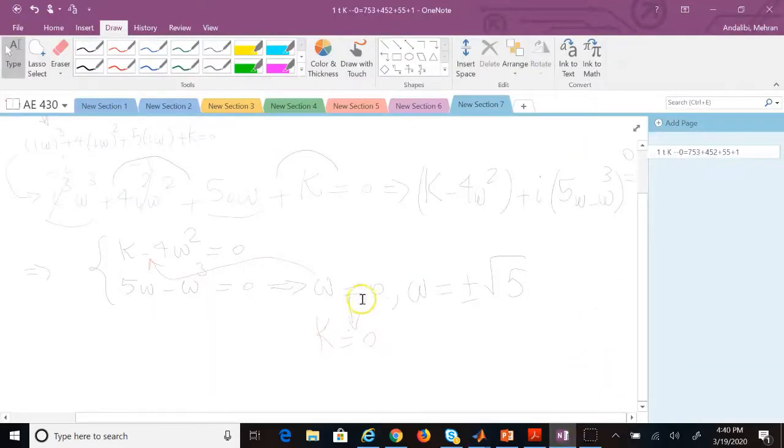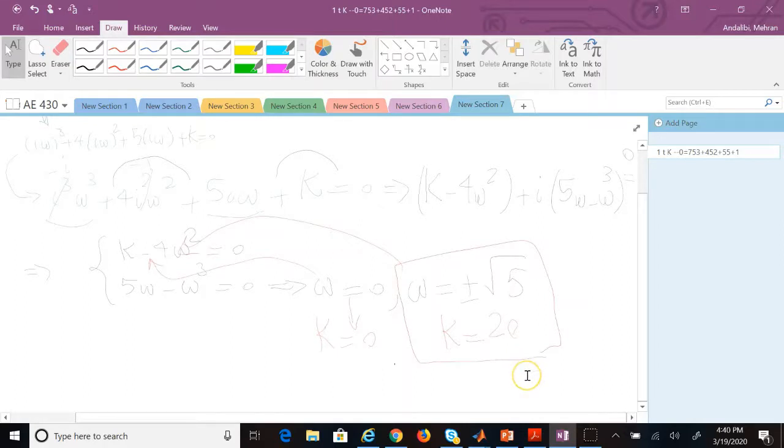That's right. Now what about this positive, negative square root 5? If I plug them in here also, the K for them is going to be 4 omega squared, which is 20. So that's what I needed. The locations of the intersections are plus minus square root 5, and the gain is 20.